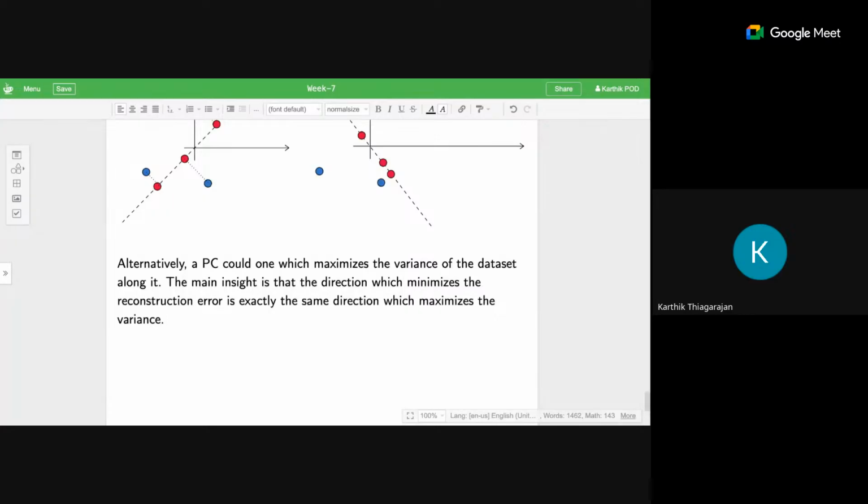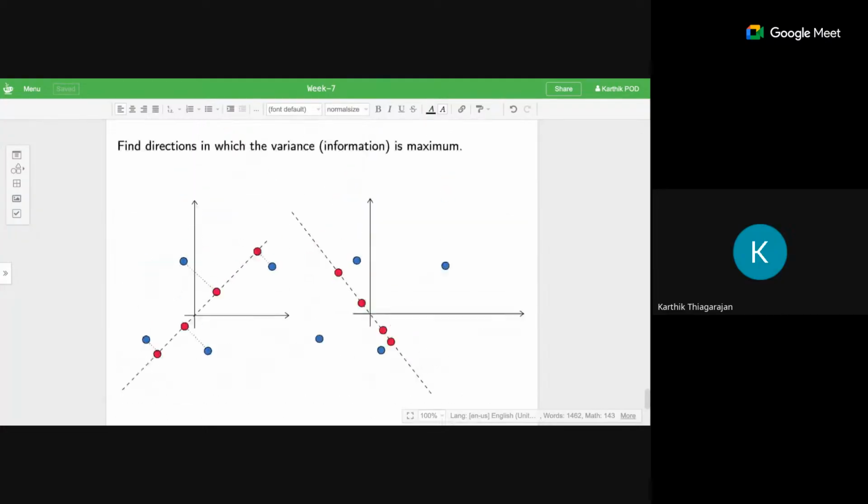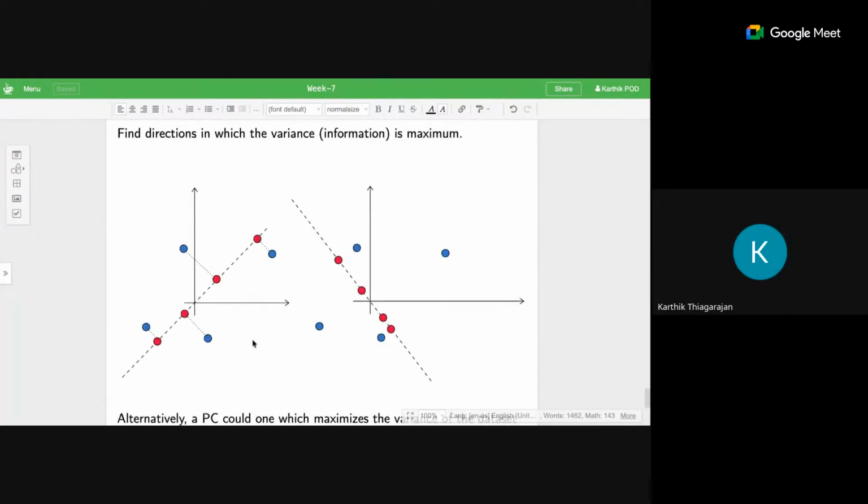Okay, so this is the beauty of PCA. You put two different ways of solving the problem, but both of them are actually one and the same. Okay, so is this clear, the basic intuition behind variance maximization?